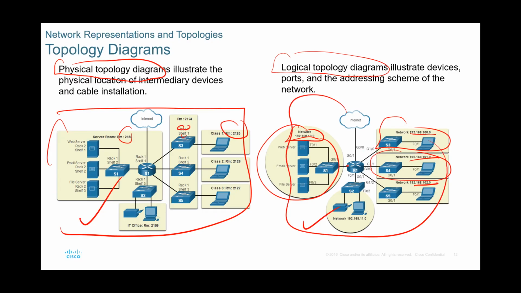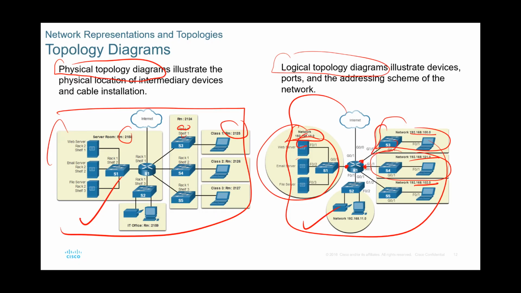We're supposed to have the IP address on this interface, on this interface, the one for the switch, the one for the server. Each of the IP addresses of each of these devices, we're supposed to see them in our logical topology diagram. So that means if you need to access any of the devices, you know the address to use to access the device. So you will always have these diagrams: physical topology diagram, logical topology diagram.